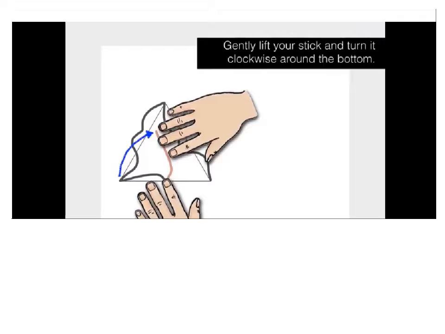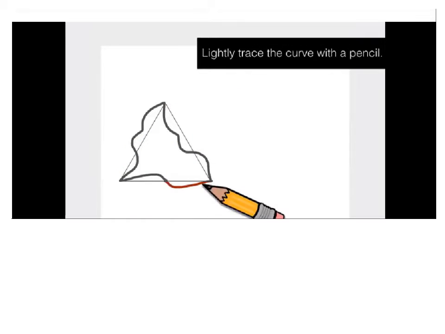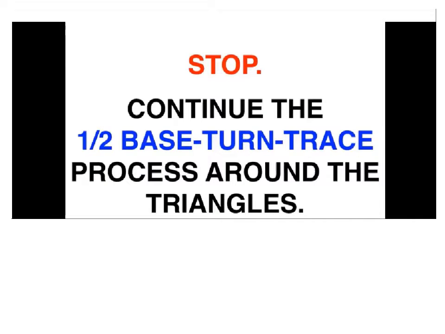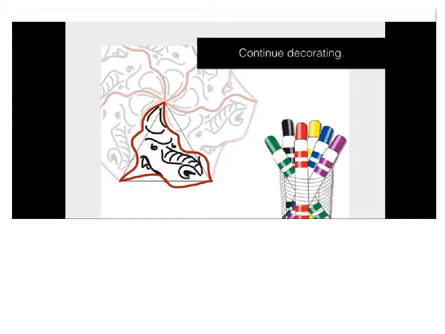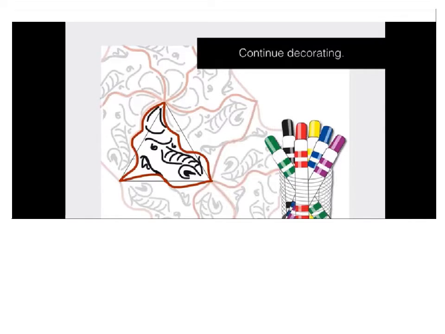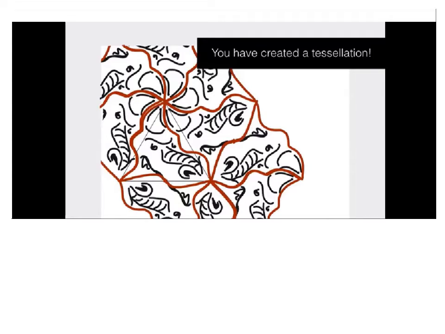It says gently lift your stick and turn it clockwise around the bottom. And so it's that same shape as what's on the bottom. It's just split in half. Continue the half base, turn, and trace process around the triangle. Then you can use markers to put something decorative inside. So this person has chosen a dragon, and once you've cut that out, you can tessellate it and draw mini dragons.